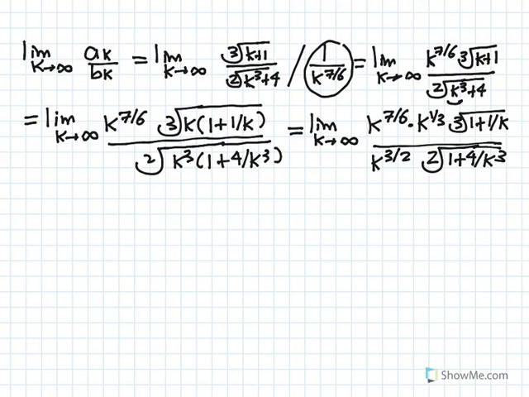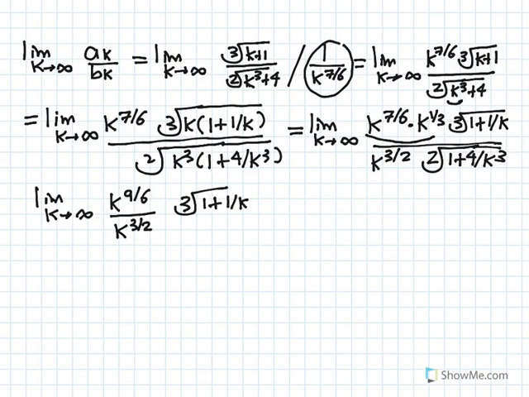Now, k to the 7/6 times k to the 1/3: we have the same base, we add up the exponents, and we get limit as k approaches infinity of k to the power of 9/6 divided by k to the power of 3/2 times the third root of 1 plus 1/k, divided by second root of 1 plus 4 divided by k cubed.